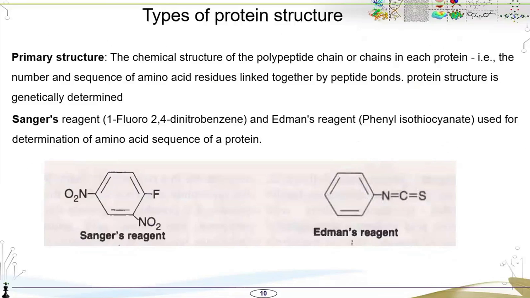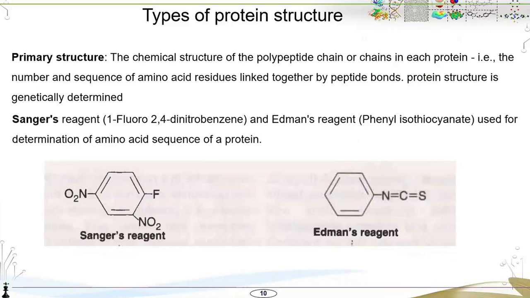The primary structure is the chemical structure of the polypeptide chain in each protein, that is, a number or sequence of amino acid residues linked by the peptide bond. It is just a sequence of amino acids, each linked to another using a peptide bond.